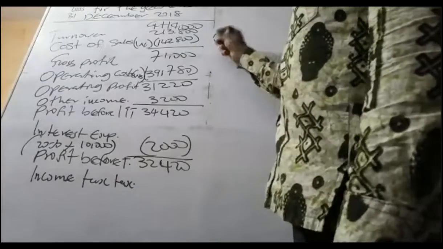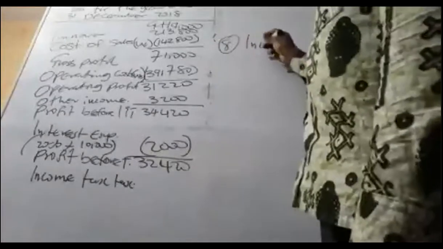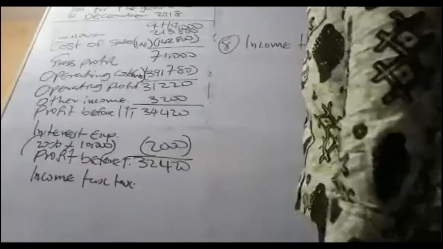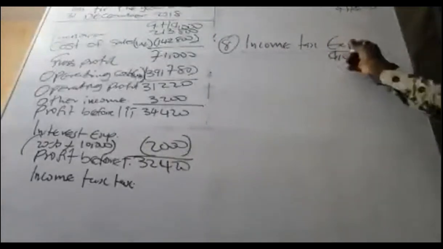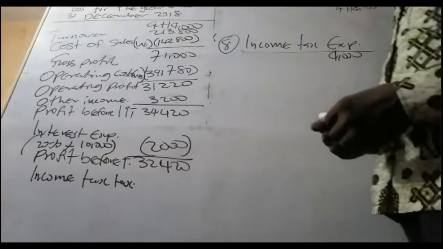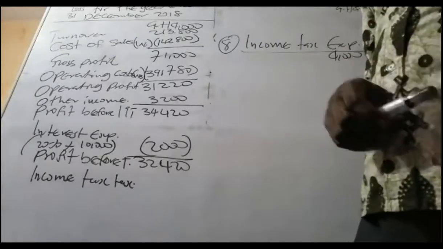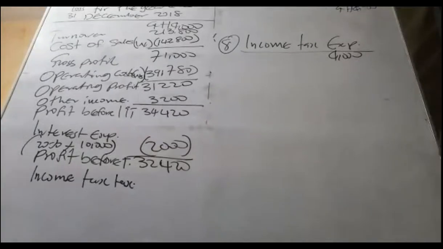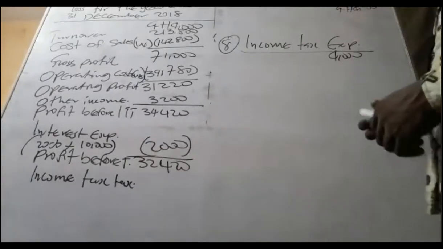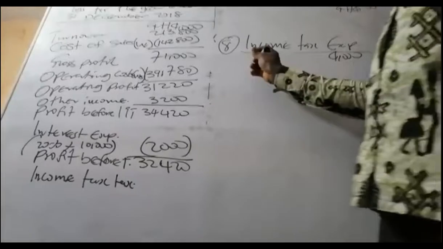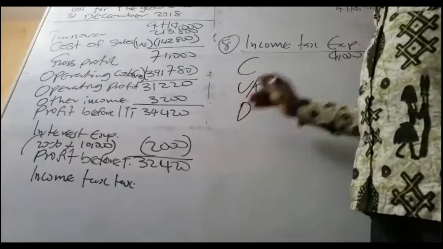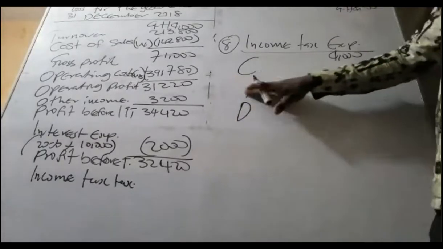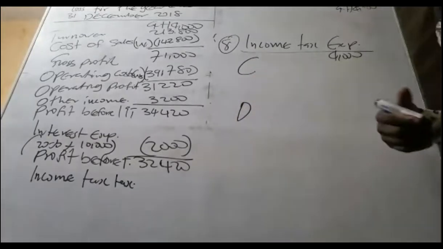Call it income tax expense. Good. Don't forget the currency. What do you do next? All you have to do is just tell the examiner that the income tax is nothing but the current year tax, the under or over provision, and the deferred tax. Don't leave it empty, because then you'll be in trouble.